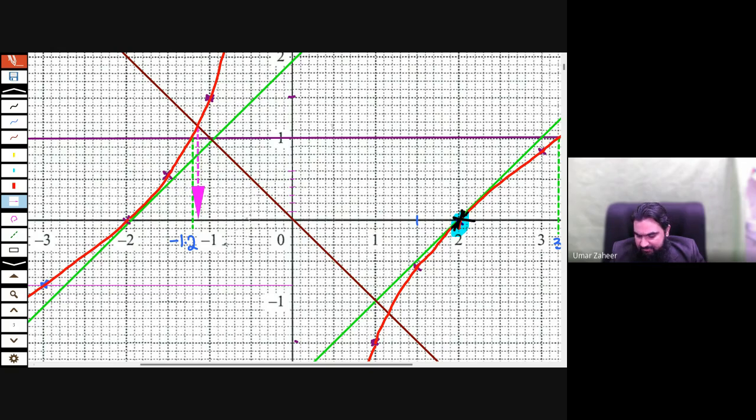That is minus 1.15. Okay, because after 1.1 and before 1.2.